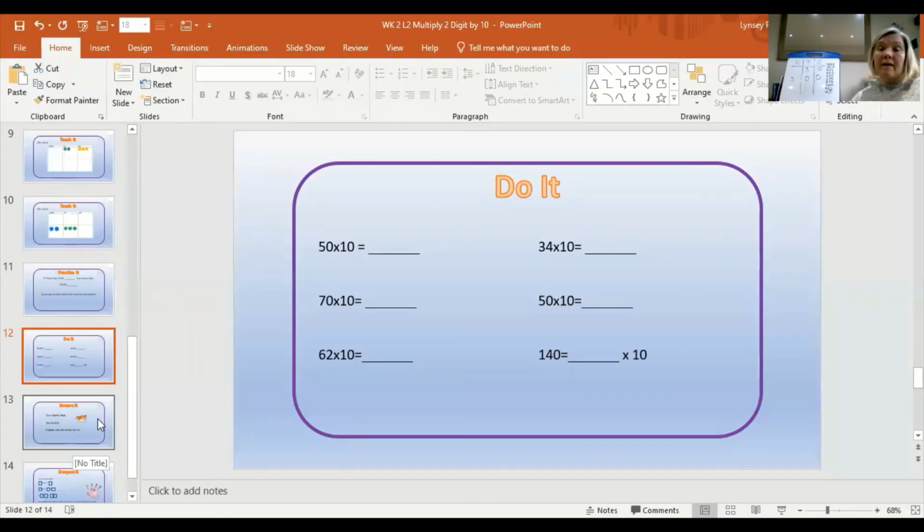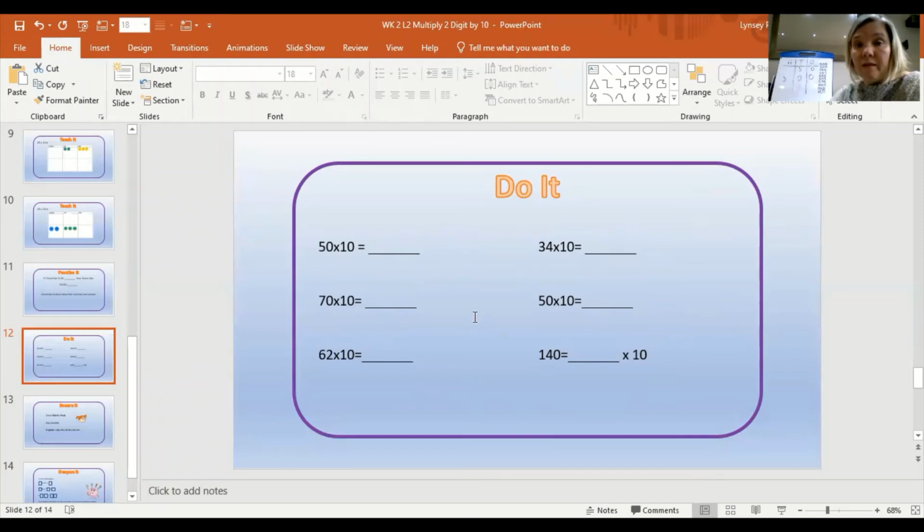Okay, let's go back to the do it. Okay, here are your do its. All right. I would really like to see some place value knowledge going on here. If we were in class and you came and gave me the answers really quickly, I would want you to explain them to me. I would want you to prove the answers to me. So I want to see some proof.